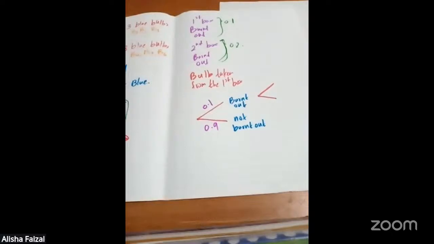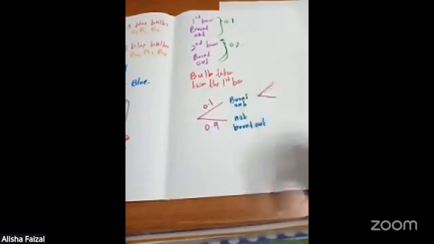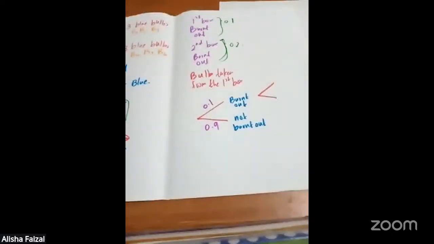This is a different type of question. If they say only if it's burnt out, they're going to take a bulb from the second box. If they don't take a bulb from the second box, can you draw a tree diagram? No, because they don't take it. Is it confusing?